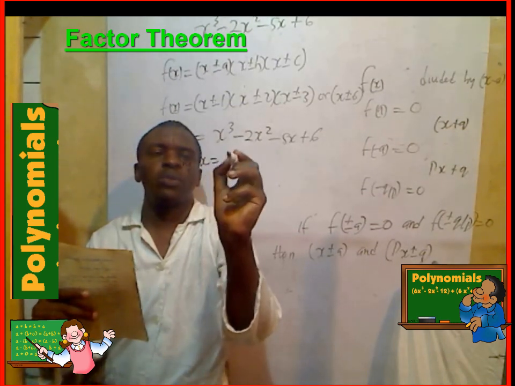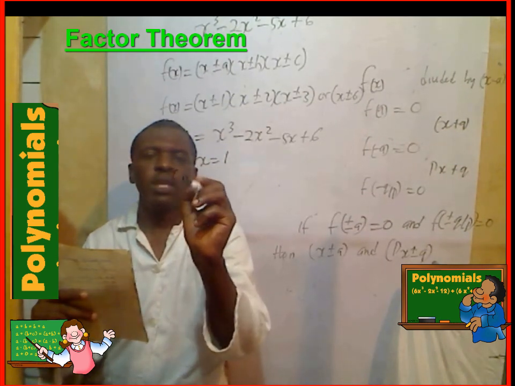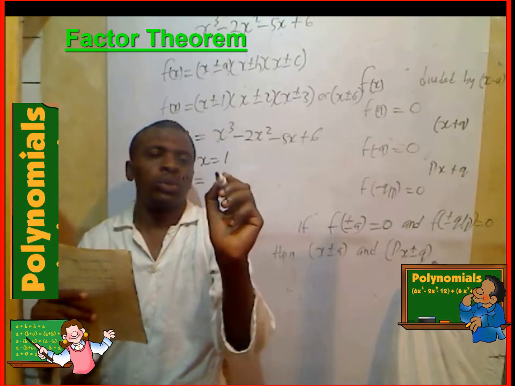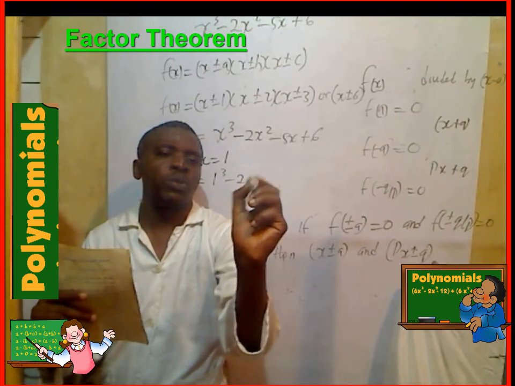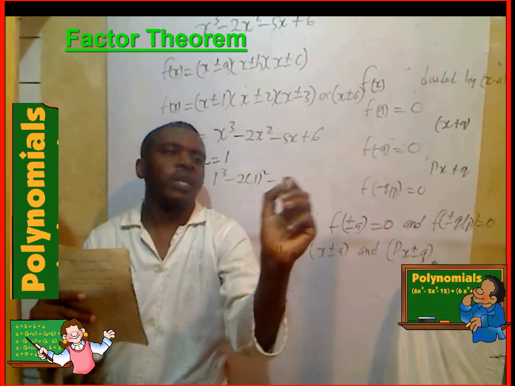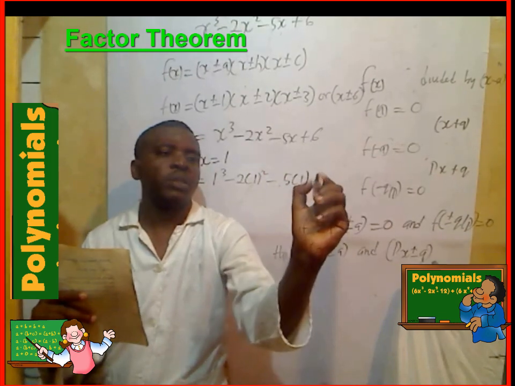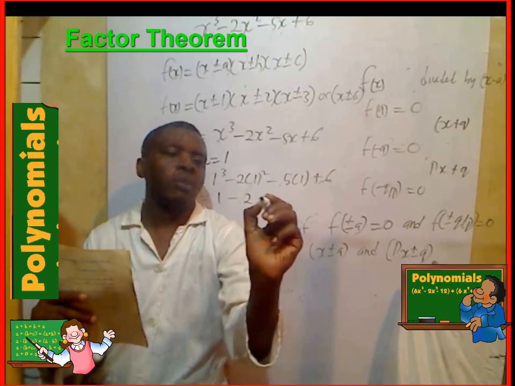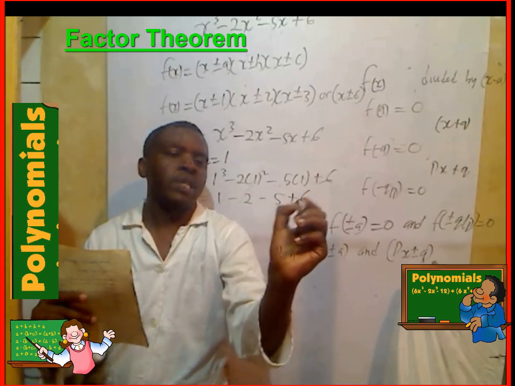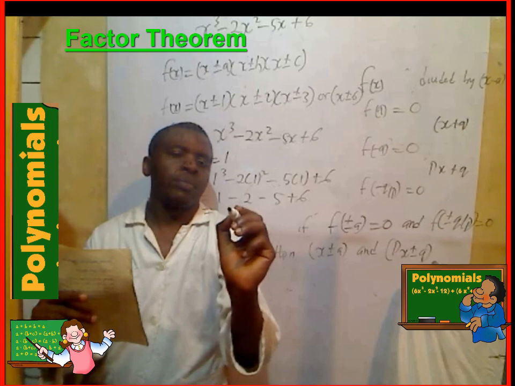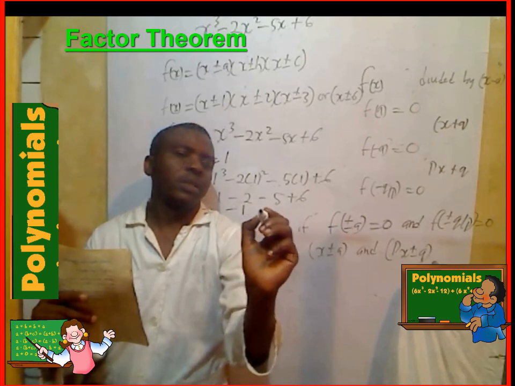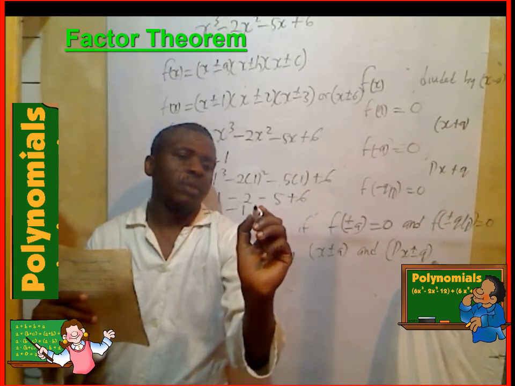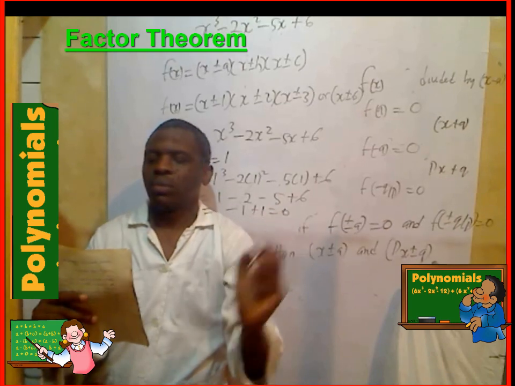x equals 1. So I have f of 1 equal to 1 cubed minus 2 times 1 squared minus 5 times 1 plus 6. This is 1 minus 2 minus 5 plus 6, which is minus 1 plus 1, equal to 0.